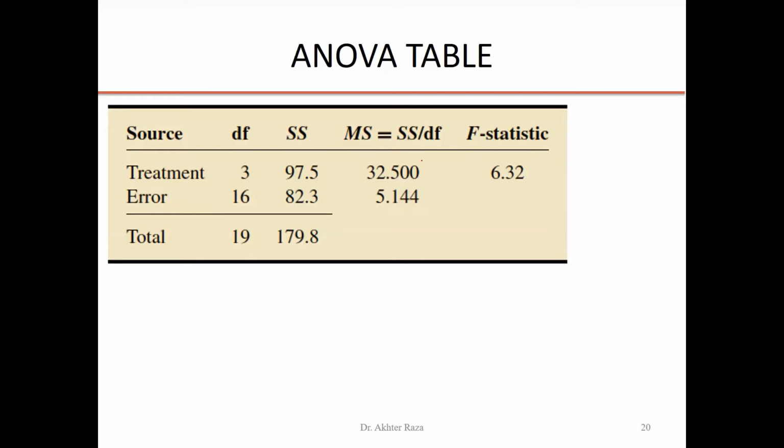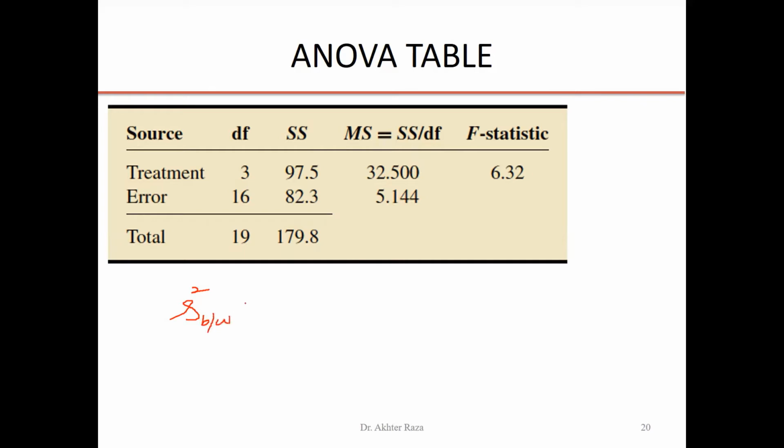This is MS, SS divided by the degree of freedom. 32.5 is the first value and 5.14 is the second. One variance is known as the variance of known source or between region.